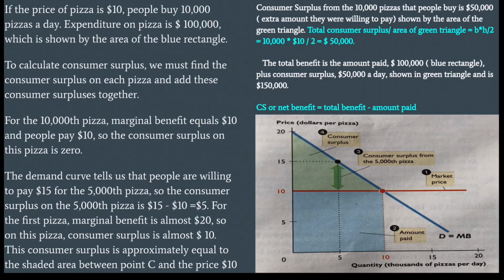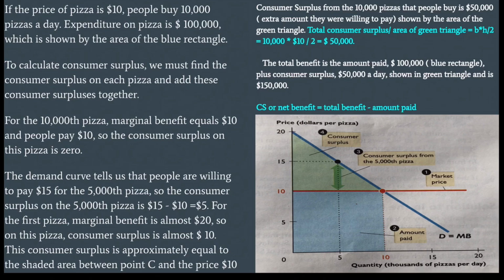If the price of pizza is $10, people buy 10,000 pizzas a day. The expenditure on pizza is $100,000, which is shown by the area of the blue rectangle in the figure. This is the total amount paid by the consumer.